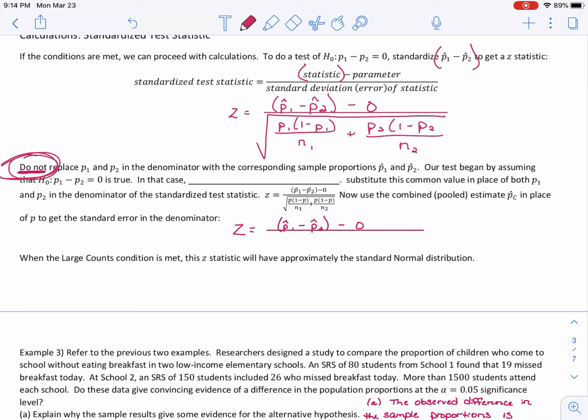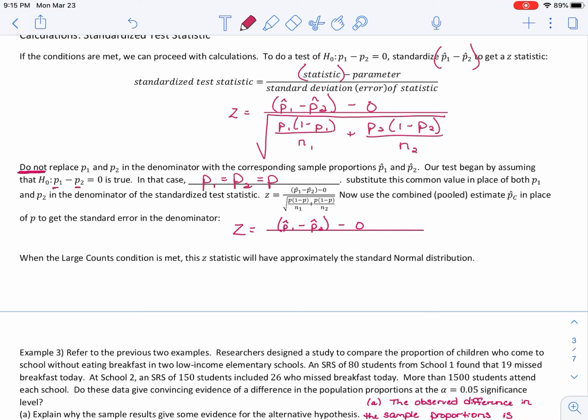So do not replace p sub 1 and p sub 2 with their predicted values with the hats. So our test began by assuming that it's true that p1 and p2 are equal to each other. So if they're starting out equal, then I can say p sub 1 is equal to p sub 2.